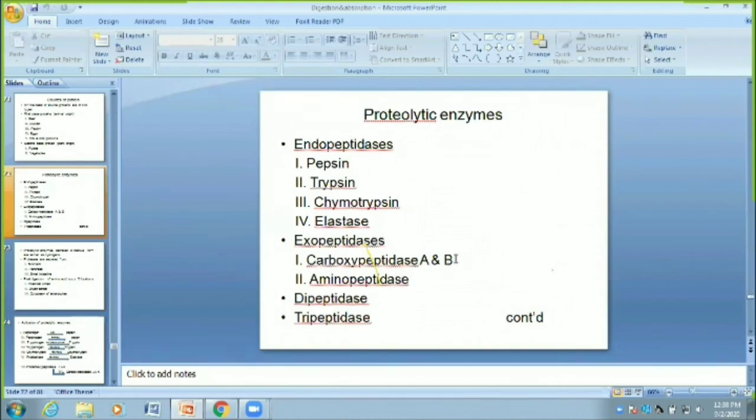Carboxypeptidase A and B are constituents of pancreatic juice. Aminopeptidase is a constituent of succus entericus. Then other peptidases, dipeptidases and tripeptidases, act within enterocytes.